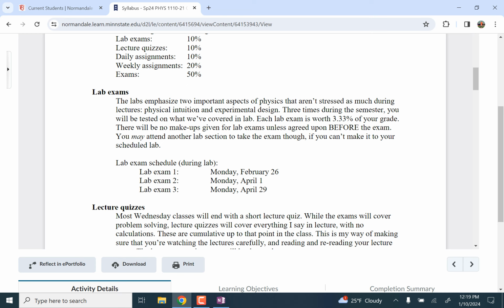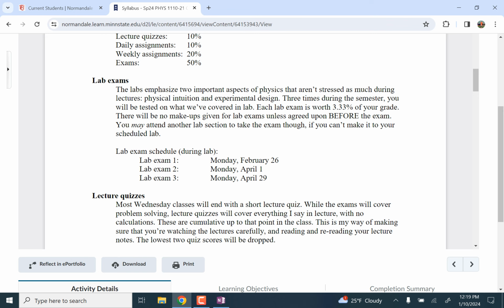The labs are going to focus largely on sort of intuitive understanding of physics. And I'm not going to grade your work in the labs themselves. In the labs themselves, I'm just going to take attendance, like, yes, you did the lab or you didn't. Your grade for the labs is just going to come from these lab exams.